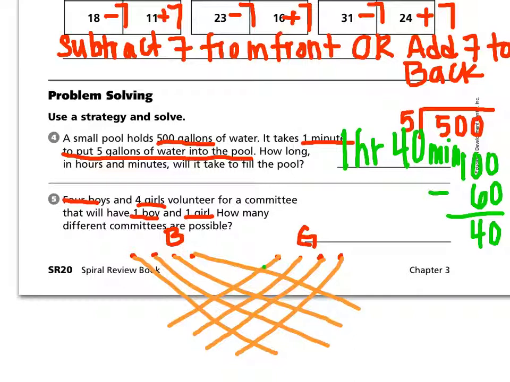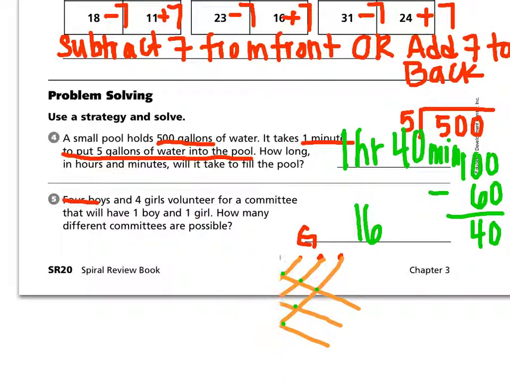So I have 1, 2, 3, 4, 5, 6, 7, 8, 9, 10, 11, 12, 13, 14, 15, 16. So I know that there'll be 16 different committees. There's other ways that you can do this. You could make a chart with possible committees on it, but use the way that works best for you.